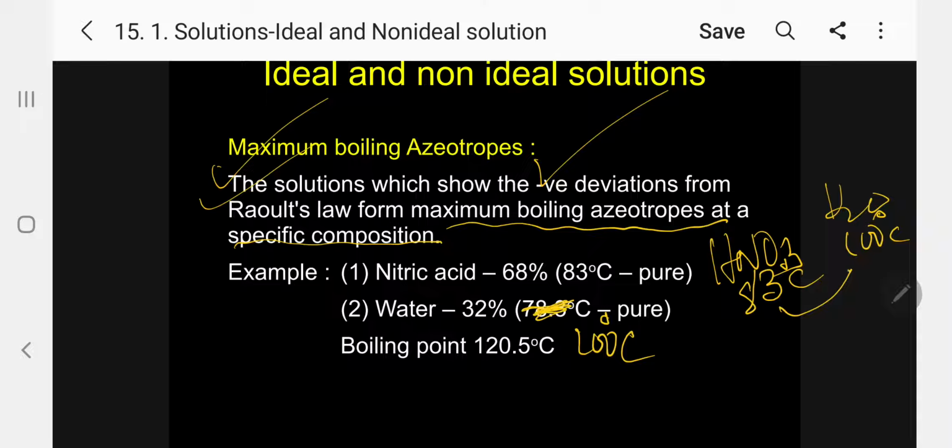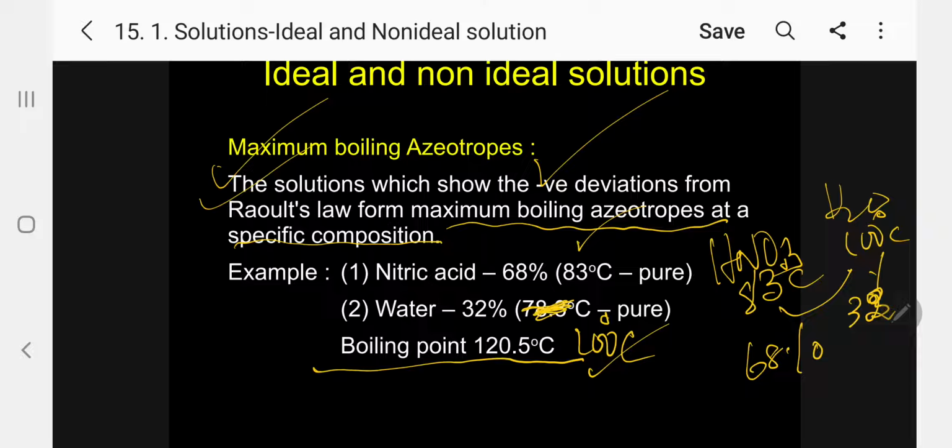After forming the mixture, at a particular composition, 68% of nitric acid and 32% of water, they combine and form a single solution, and the boiling point comes out to be 120.5. This is the maximum. Originally, nitric acid is 83, water is 100. So this 120.5 is greater than 83 and greater than 100.